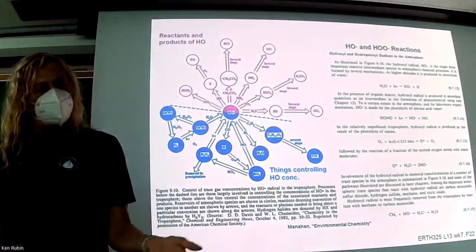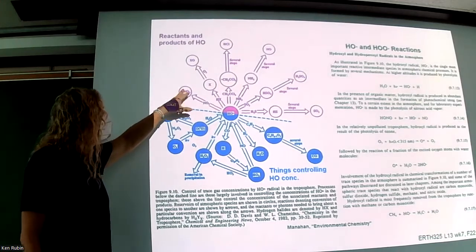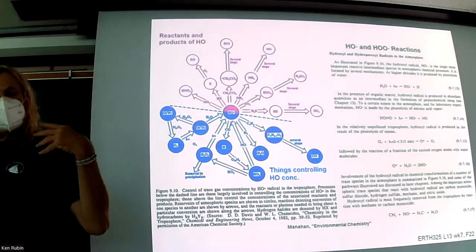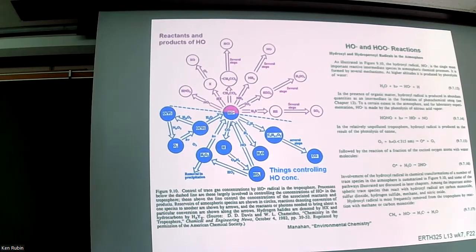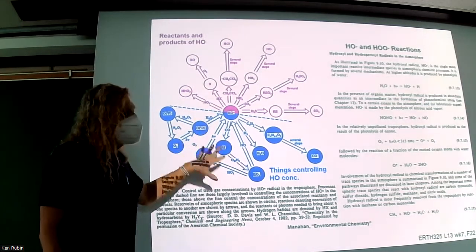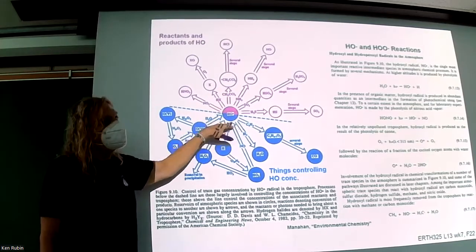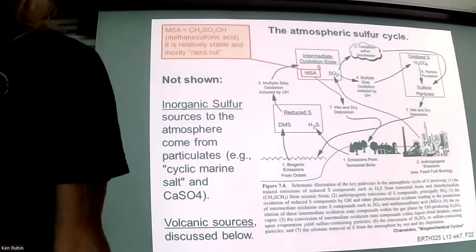It also oxidizes nitrogen chemicals, as we'll see in a moment, to make nitric acid, and it competes with other processes to make oxidized forms of nitrogen, which affect nutrient delivery to the landscape. So it's involved in a lot of different things. Human activities are increasing the standing crop of hydroxyl radicals, amongst other things in the atmosphere.